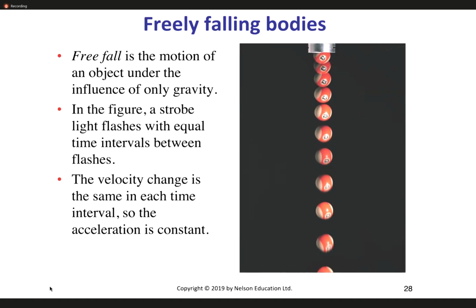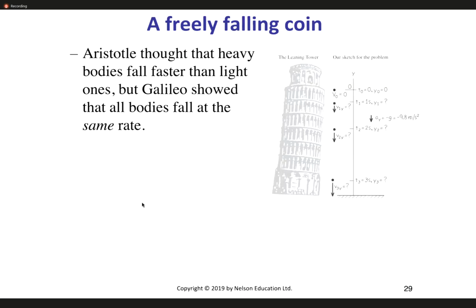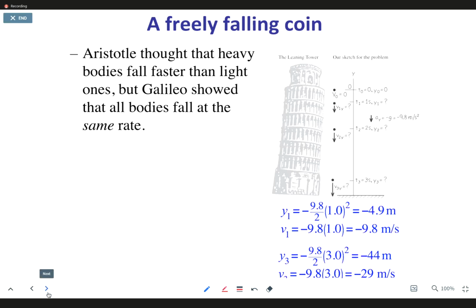And because it's under free fall, the velocity change is the same in each instant of time. So that means that the acceleration is going to be constant, since we're only worrying about the acceleration due to gravity. So let's say that we have some sort of freely falling coin. We can describe how the coin falls by basically using our kinematic equations.